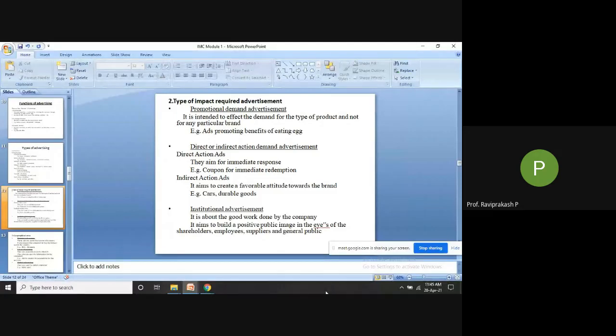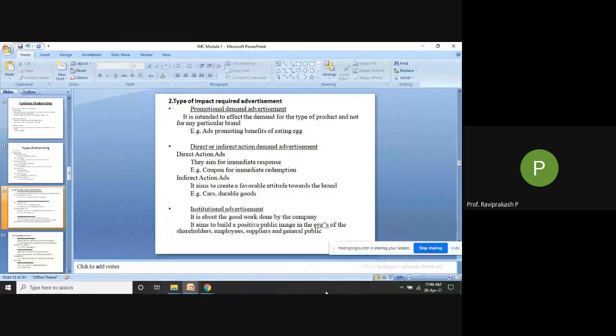Next is direct or indirect action demand advertising. Direct action ads aim for an immediate response. Like a particular ad comes which says, okay, there is a coupon code, and if you want to avail this, there is a discount of 5% or a discount of 100 rupees. You might have seen it on your PhonePe and all. A particular coupon comes and says it is valid for a month, a week, or a day.